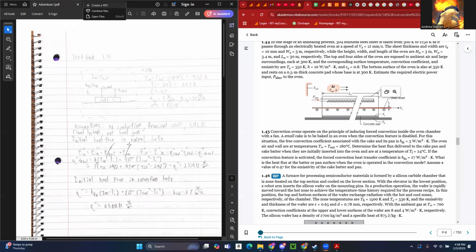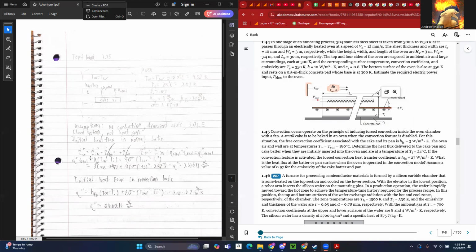And as I stated previously, we are not generating any heat in the cake. So it's simply that the stable heat flux is going to be equal to the heat flux going into the cake, which is of course going to be equal to the heat flux due to convection and the heat flux due to radiation. You can simply add those together.